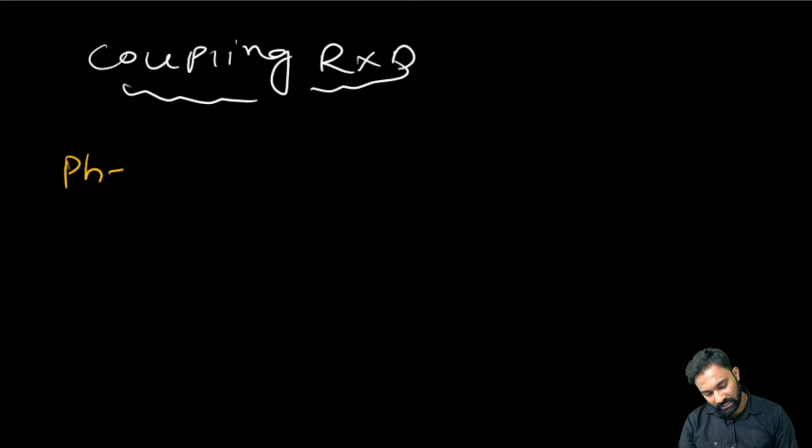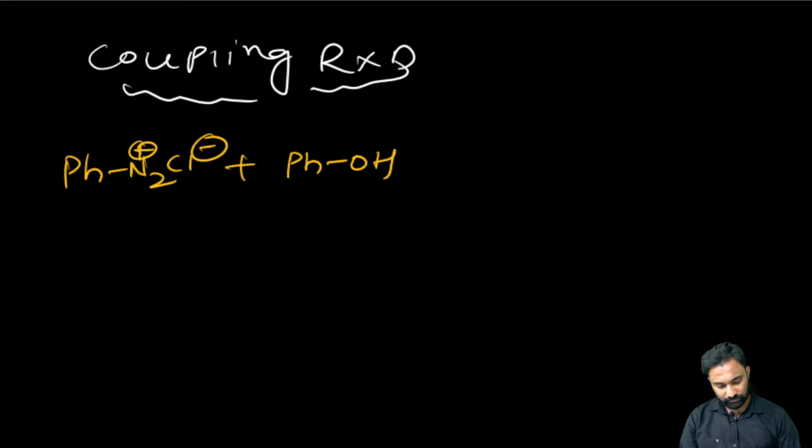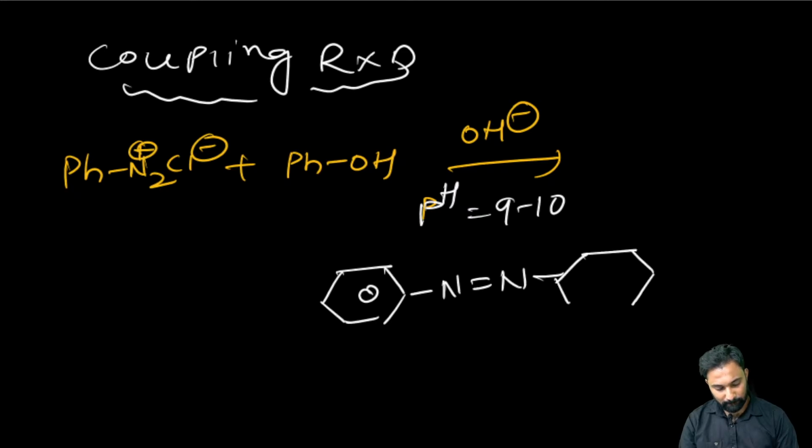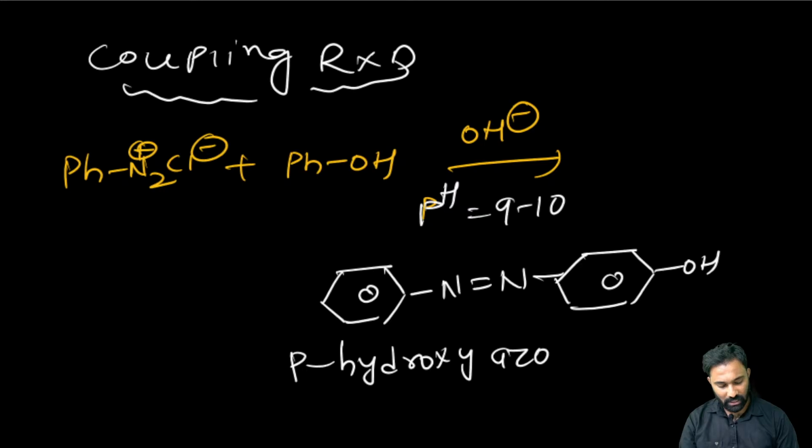If benzene diazonium chloride is given in the presence of phenol, in basic medium, with the pH in the range of 9 to 10, then the product we will get is p-hydroxy azobenzene.